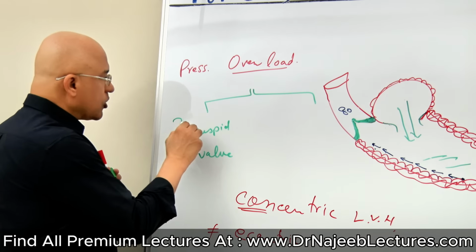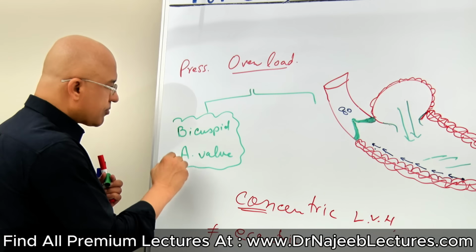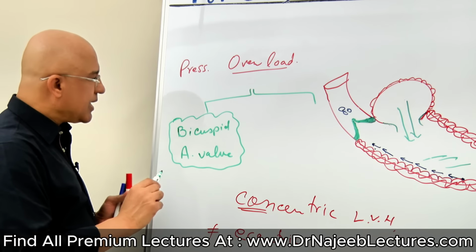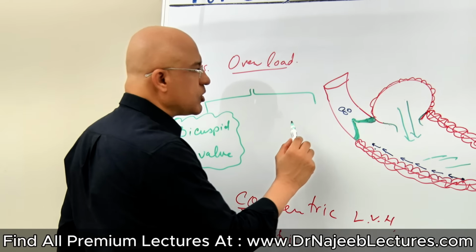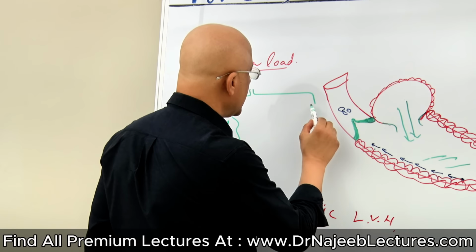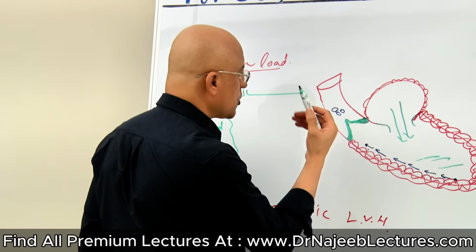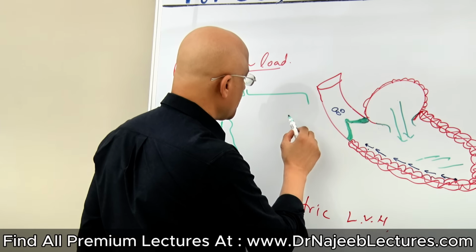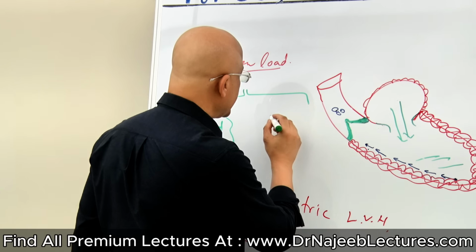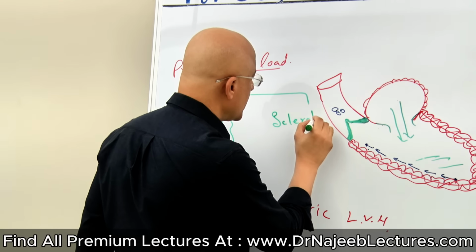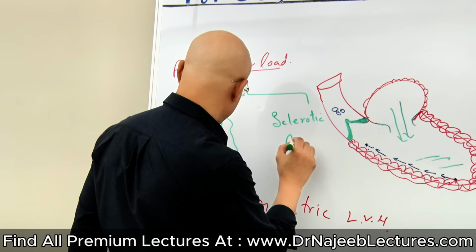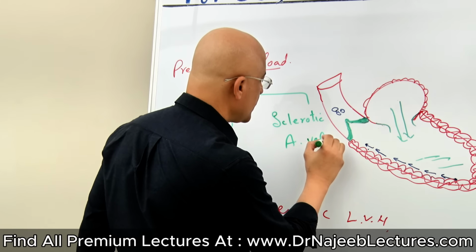This is a congenital abnormality, right? And the other cause of aortic valve stenosis, which is common, the common cause especially when you are above 65 years of age, is a sclerotic aortic valve.